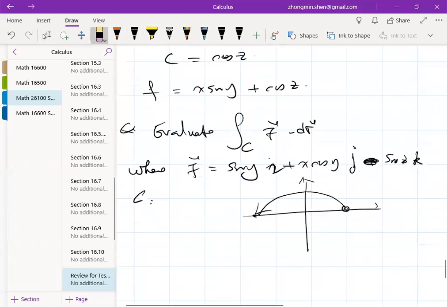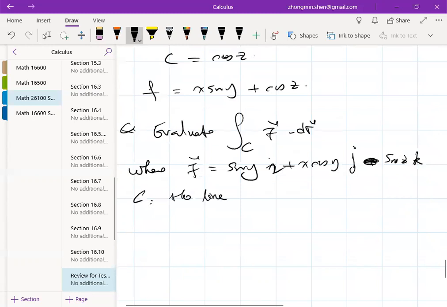So space. Let me give you another example. Okay. So C is the line segment from 0, 0, 0 to 0, pi, 0.